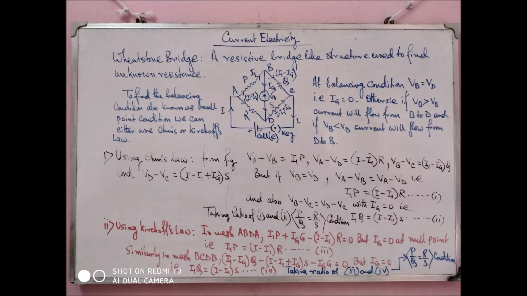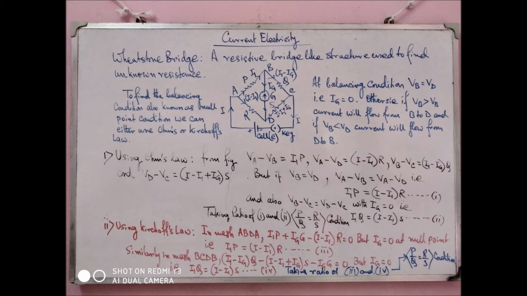So in this Wheatstone bridge there are 4 resistors, and these 4 resistors are connected in a bridge-like pattern. Why bridge-like pattern? Look at the board. There are 4 resistors P, Q, R, S. Now P and Q are at the upper arm of a rhombus and R and S at the lower arm of that rhombus.